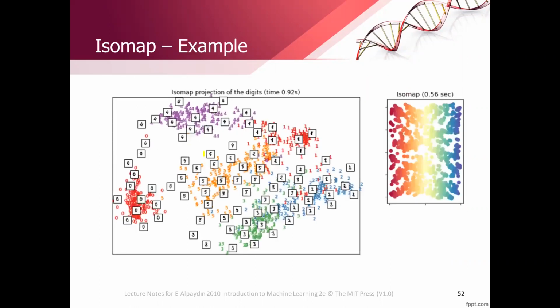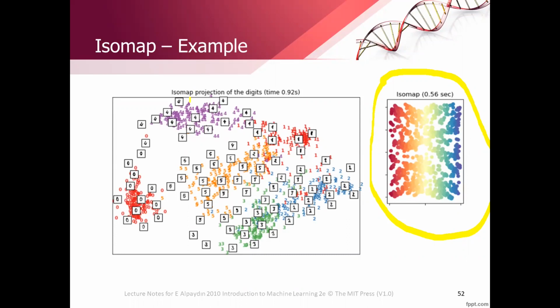And here you can see the results. So on the right-hand side here, this is the result of Isomap when this was applied on this banded sheet of paper. So we can see that this was nicely mapped into 2 dimensions.